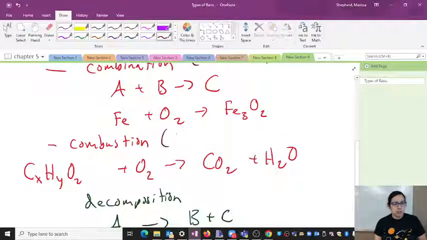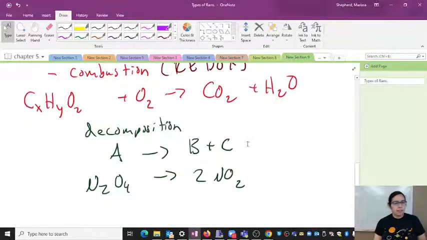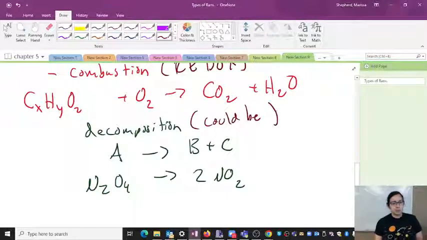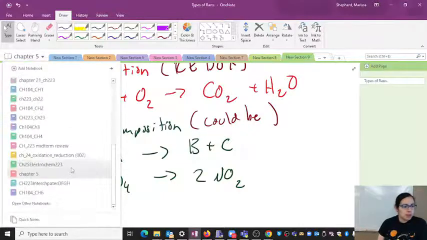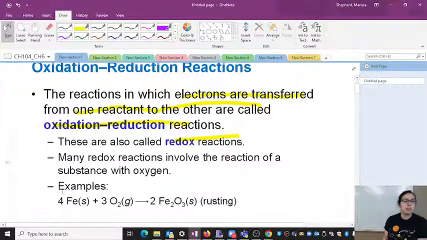Combustion is always a redox reaction. And decomposition can depend. So now we know at least the basics of how to recognize them.